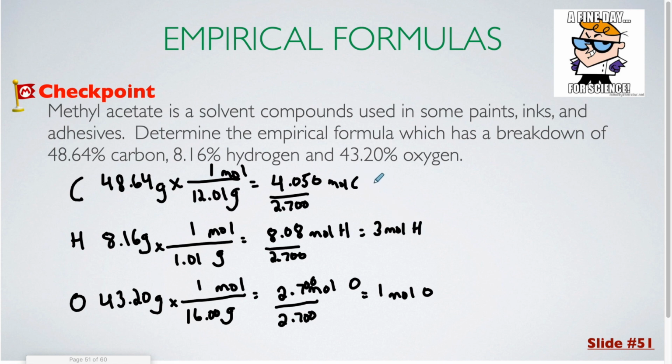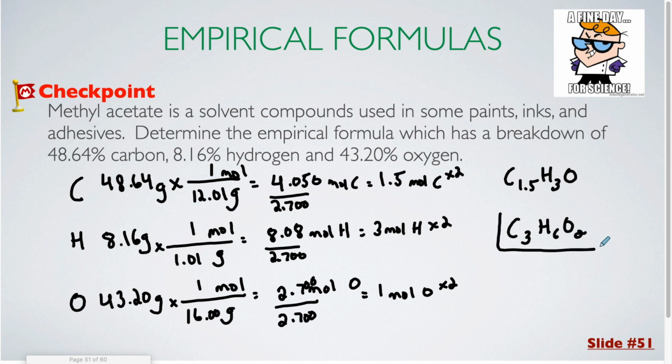And for the carbon, that comes out to about 1.5. So my formula would be C1.5H3O. But just like in the previous 2 problems, I cannot have a 0.5 here. So I'm going to double each of these so that they're a whole number ratio. That leaves me with C3H6O2. So that would be our empirical formula.